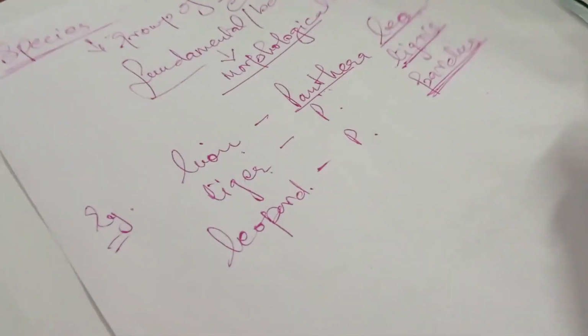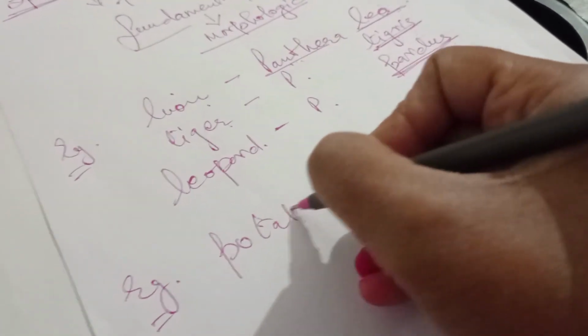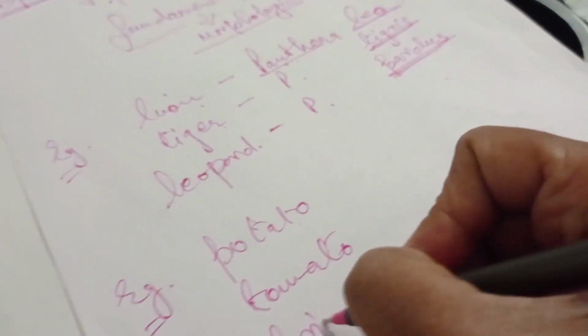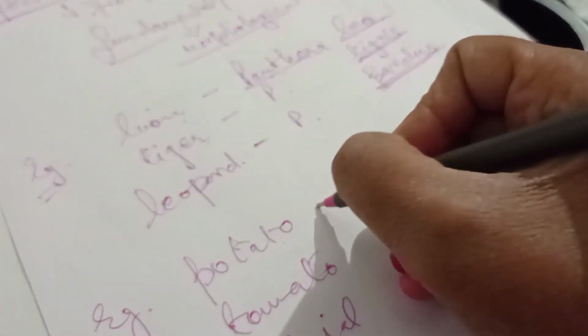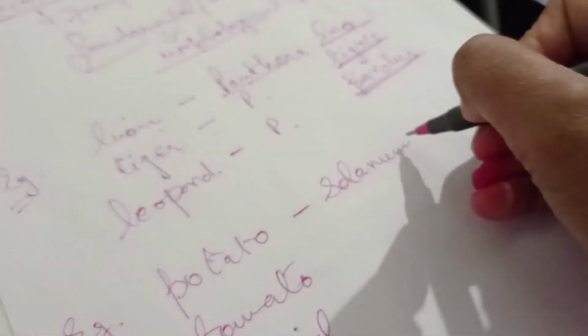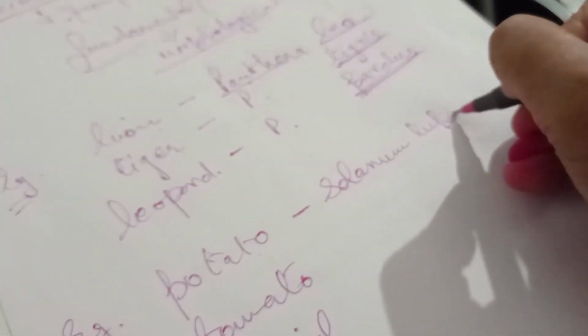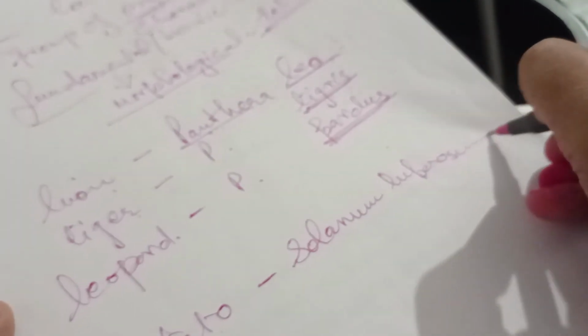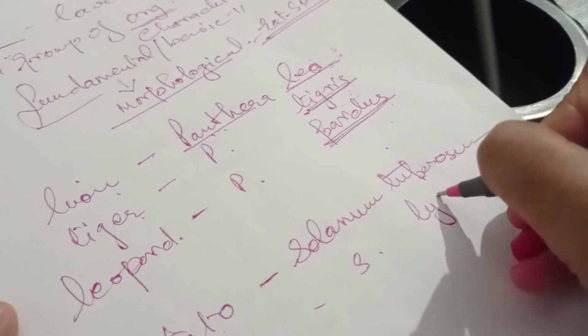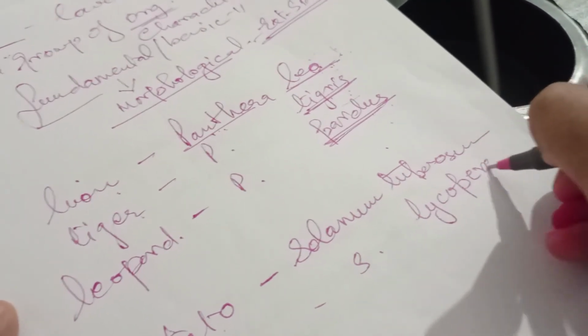Coming to the example of plants, I will explain with some examples. Let us see potato, tomato, and brinjal. Potato is Solanum tuberosum. Tomato is Solanum lycopersicum.